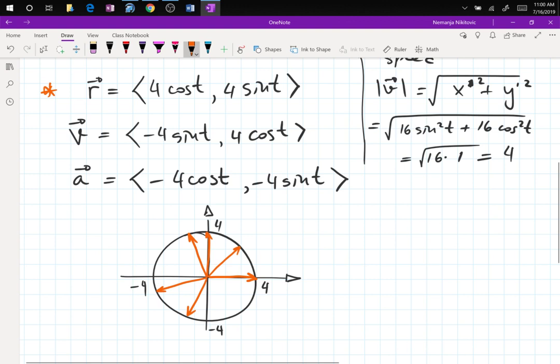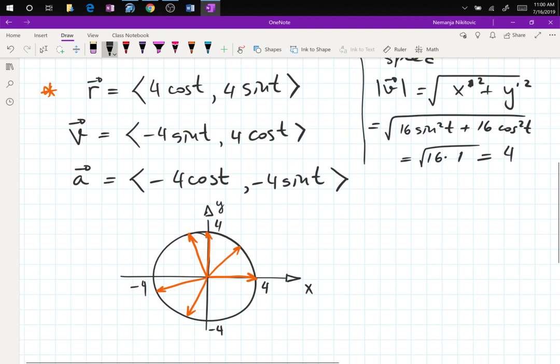And if you carefully calculate velocity at, let's say, t equals 0, which is on the x-axis, you will see that the first component is 0 and the second component is 4.